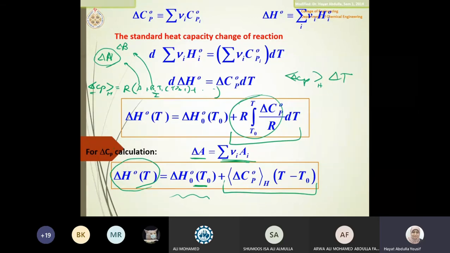It's like I'm finding delta H at 298 plus a term, whether it is higher or lower depends on delta T, positive or negative, because CP mean is always positive. Remember, that's the mean value. But the term will be positive or negative depending on whether T is higher or lower than T naught. But at the end, I'm correcting the delta H at 298 with another term, as you can see there.